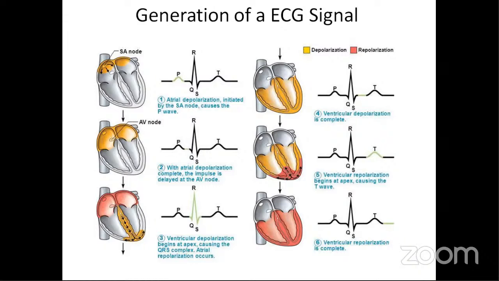The third part is that ventricular depolarization begins at the apex. It is shown here: from the SA node the atrial depolarization takes place, then the AV node is denoted here, which is the completion of atrial depolarization. The third one, ventricular depolarization beginning at the apex, causes the QRS complex. Atrial repolarization occurs there.